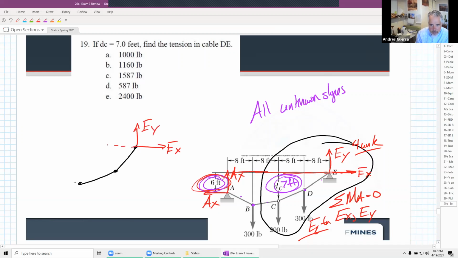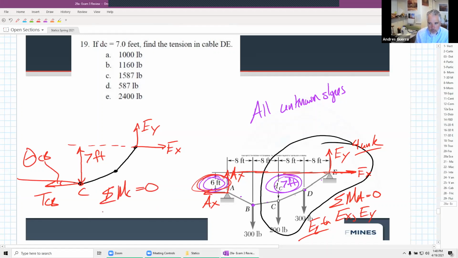The key is that we know this distance right there is 7 feet, even though we don't know the tension in C to B, even though we don't know the angle of C to B. By summing moments at point C, we'll get another equation with EX and EY.